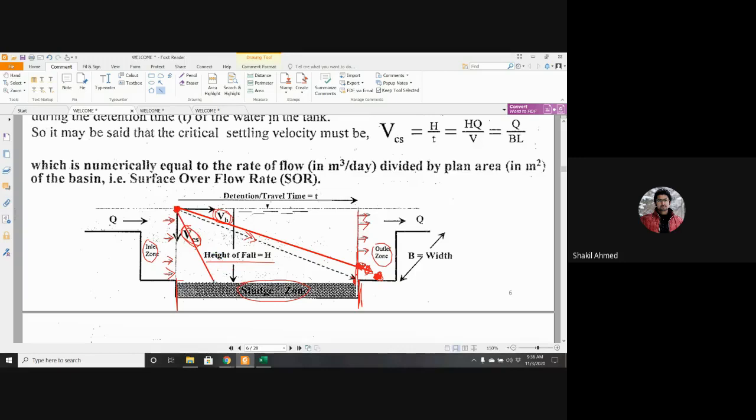It's good for us. If it's here, it will settle down here. Anything below this is good for us. But anything that just shifts here fails to be removed. Right?